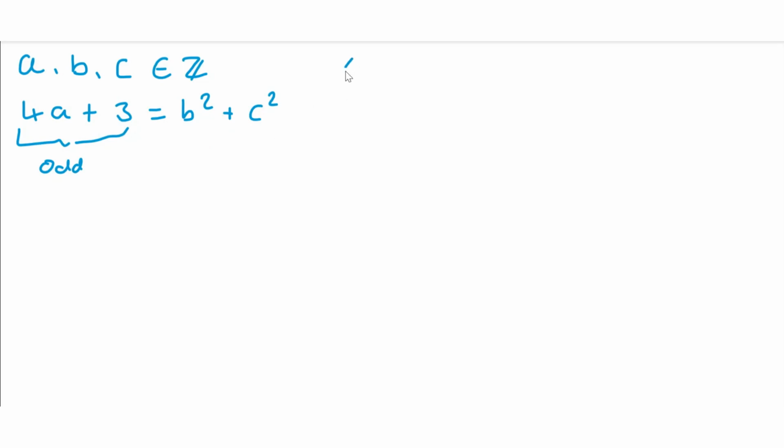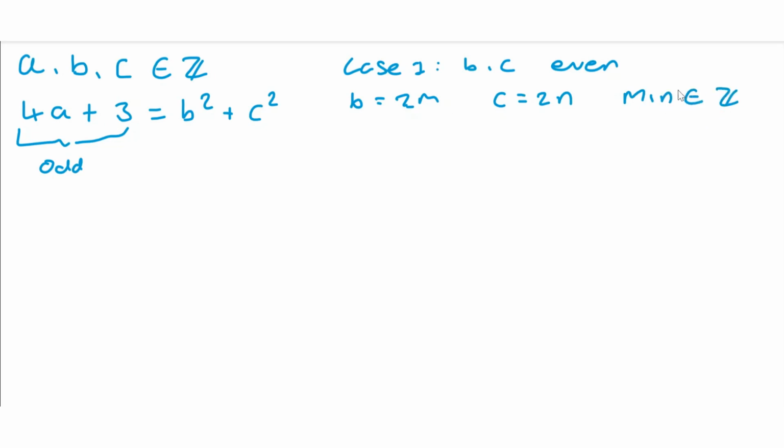So if we look at case 1, that's b and c are both even. That means that b can be written in the form 2m, say, and c can be written in the form 2n, where m and n are integers. So substituting that in, we get b squared is (2m) squared plus c squared, (2n) squared.